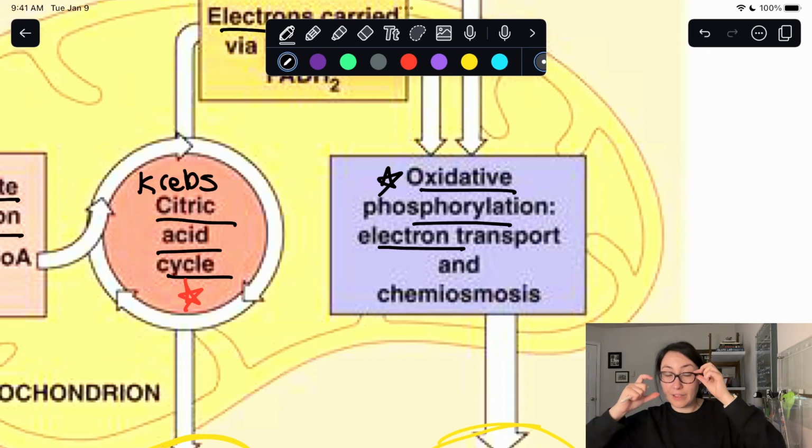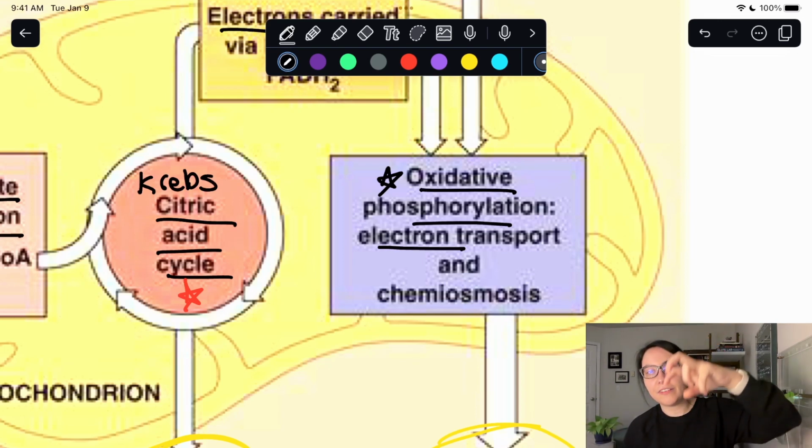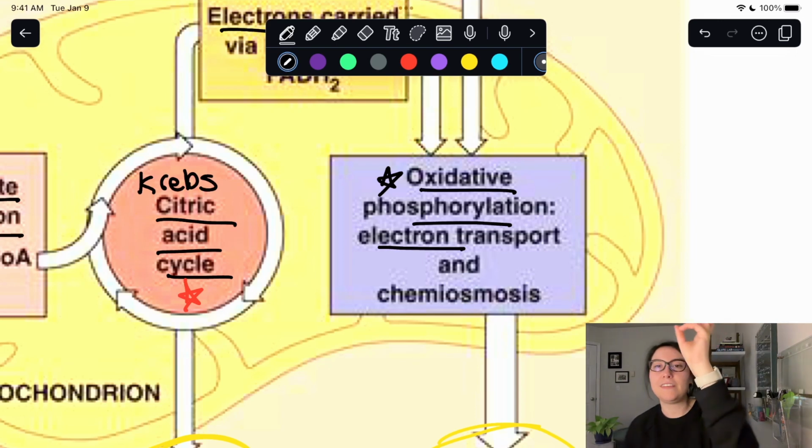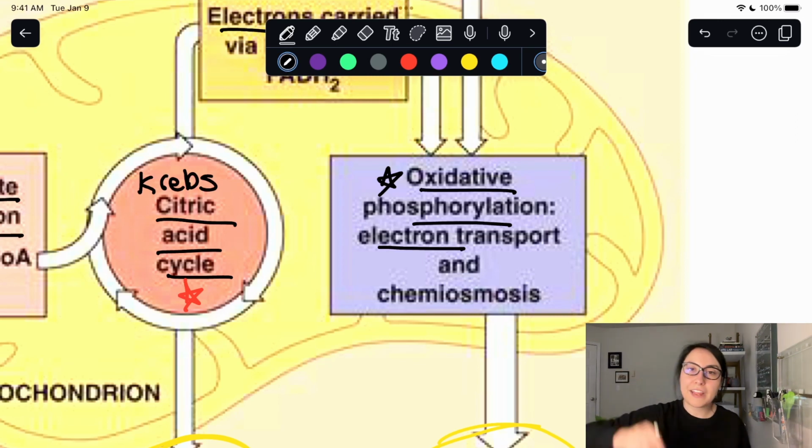like, I believe there's a slide on it in class, if you look at it very closely, it almost looks like it's just going up and down, like a wave, where you have FADH turns into FAD plus, and then you have NADH turn into NAD plus, and then all of those H's are basically floating around on the outside, and then they slam through what is called ATP synthase.